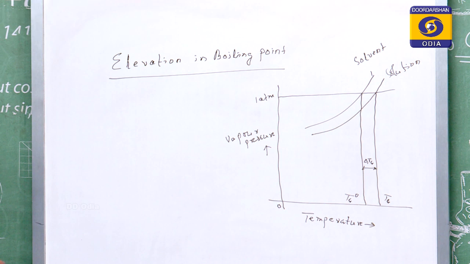The boiling point of the pure solvent is less than that of the solution. T B 0 is the boiling point of the solvent, T B is the boiling point of the solution, and the difference between them is called the elevation in boiling point.